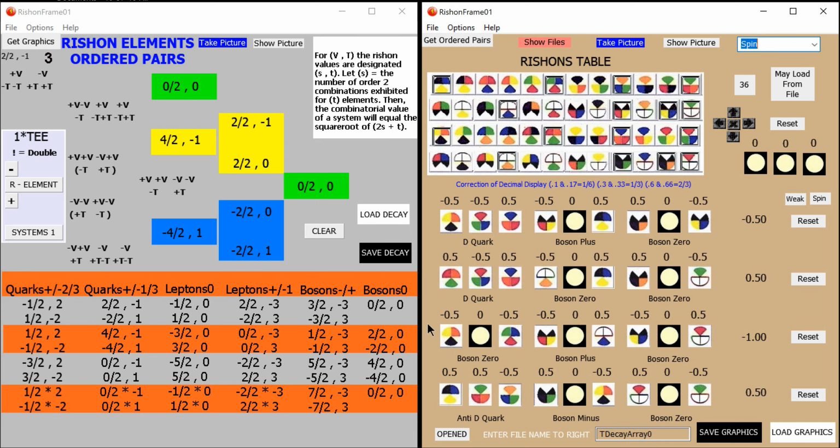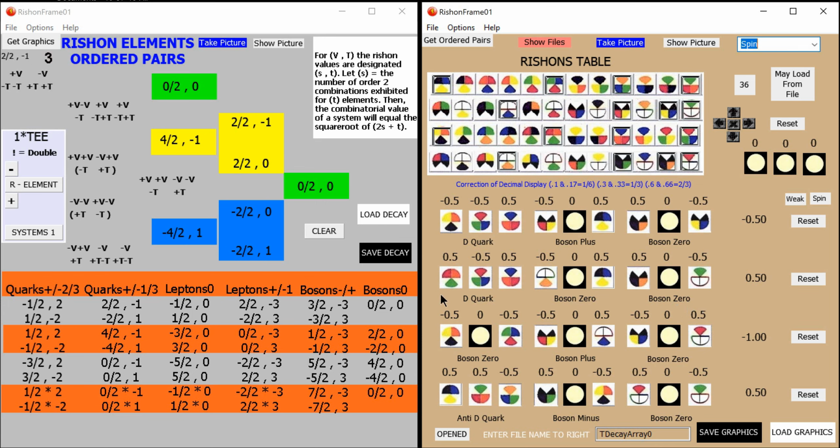And then if we look at the B, we can see that the spin on the D has been changed by an exchange of anti-T rishons. And so now the spin on the generic D is 1/2, given by this 1/2 anti-T rishon. And that will be the spin on the B because these other particle pairs are scalar.